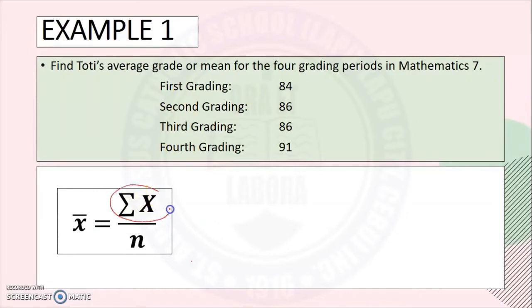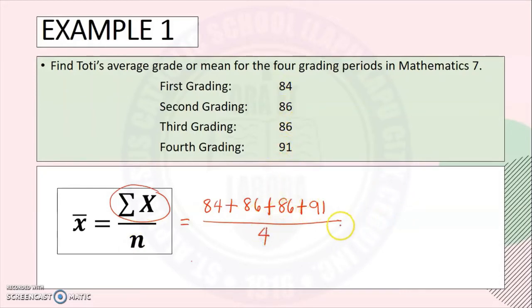Next, we will substitute the given. So for this one, the sum of the values. So we will write all the values, 84 plus 86 plus 86 plus 91, divided by the total number of values. And if we are going to count them, they are 4. So that means there are 4 values.